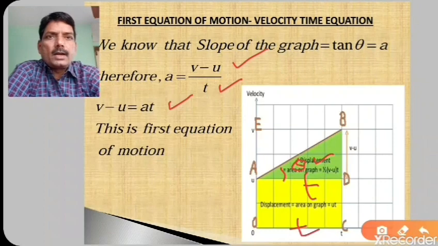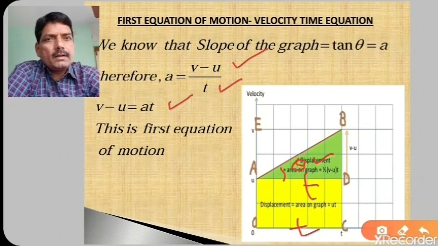So dear friends, I hope you have understood. The first equation of motion contains initial velocity, final velocity, acceleration and time. Whenever an object is in motion, there are certain things related to the object: for example, distance, displacement, speed, velocity, acceleration, time, and in velocity two terms, initial velocity and final velocity.